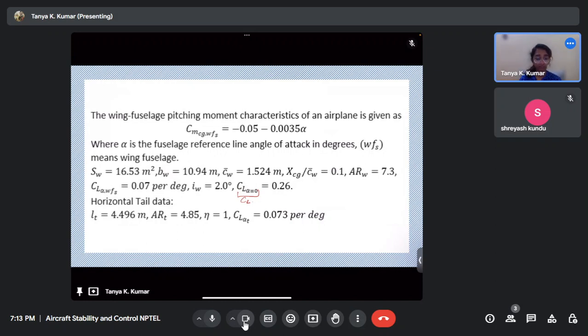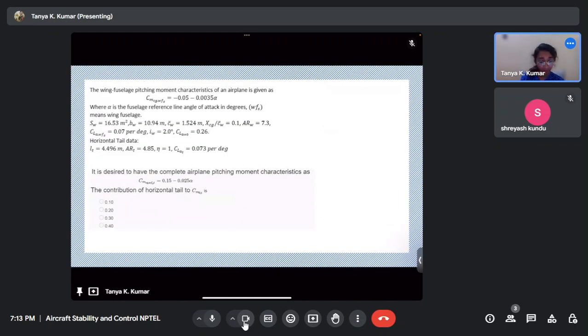Now let's look at the questions. This is the same data that is given. It is desired to have the complete airplane pitching moment characteristics, that is the wing, fuselage and tail, the entire combination, as 0.15 minus 0.025 alpha.